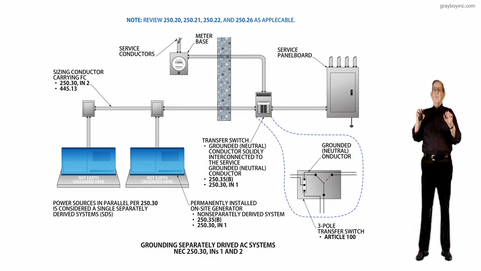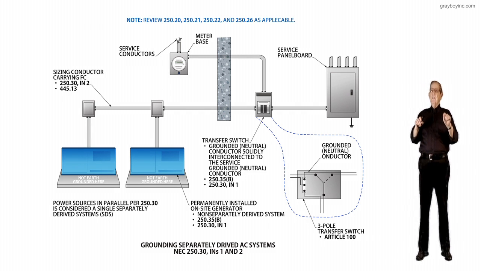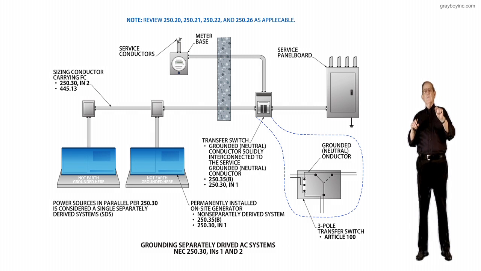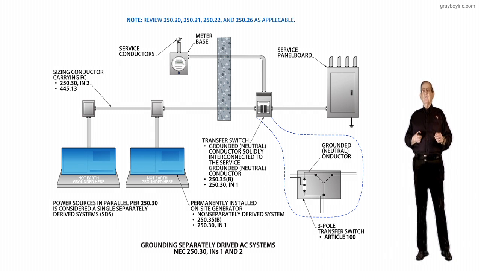You would also see how the grounded conductor was either switched in the transfer switch or it wasn't switched. And then the reminder is in the note. Review 250.20, which is when the grounded conductor at the generator is grounded.